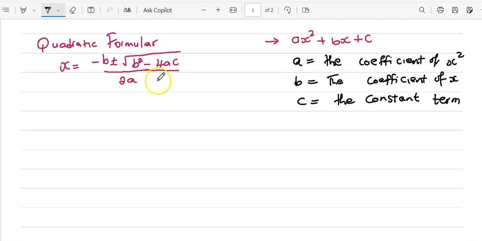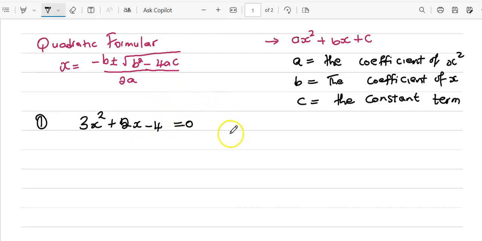So now that you understand the quadratic formula, we can try to explain what we mean by the nature of the roots. Let's say that you are given an equation like this: 3x squared plus 2x minus 4 is equal to 0.